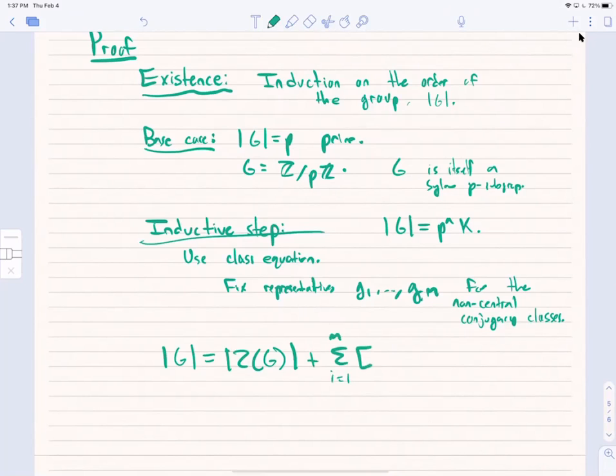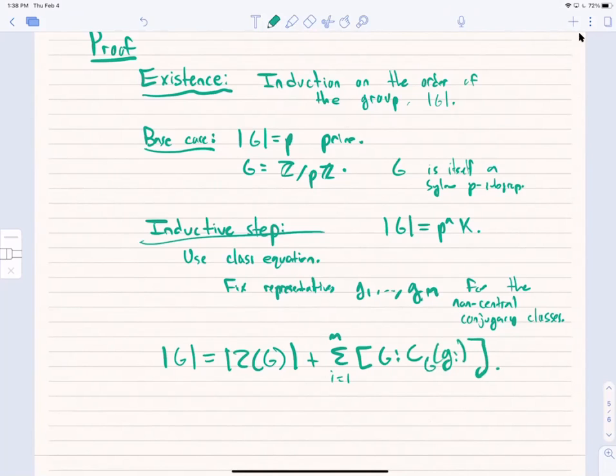By the orbit-stabilizer theorem, that is the index of the centralizer of g_i in G.